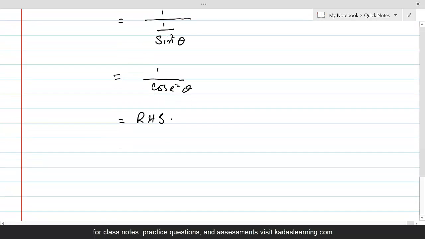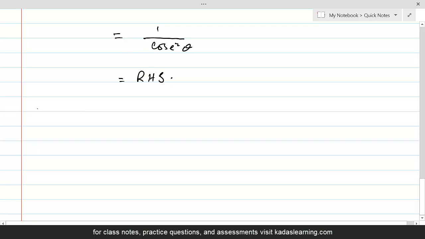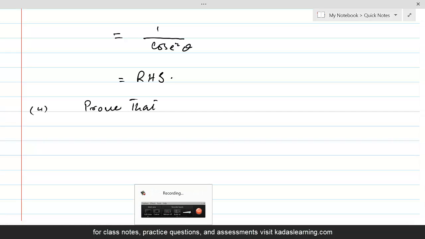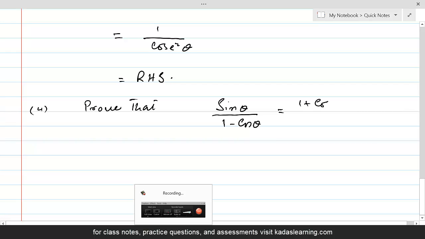Let's do one more question, and here number 4 is sine theta. Prove that sine theta over 1 minus cos theta is equal to 1 plus cos theta over sine theta.